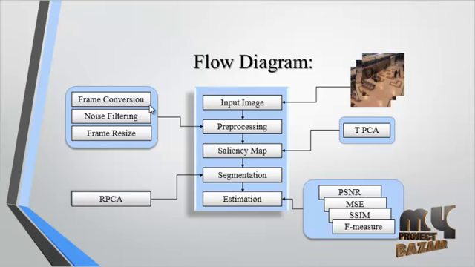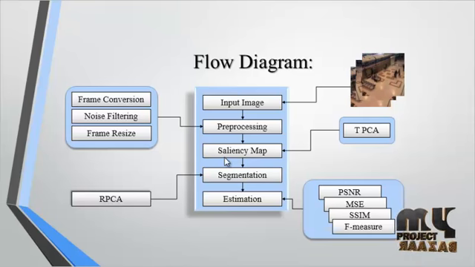After converting the frames, noise filtering is carried out using the Gaussian filter method, which is used to remove the unwanted pixels in the images. Then the frame resize is carried out, in which the dimensions of the frames are reduced by using the resize function.